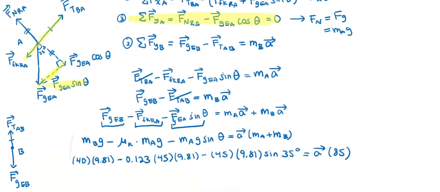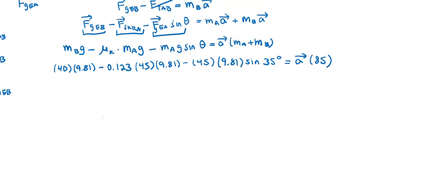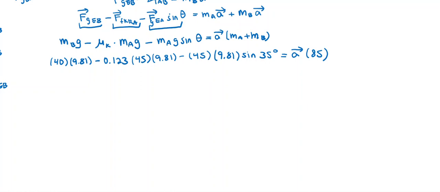Okay, so it looks like a lot, but we're just gonna plug everything into calculator. And if you've done this correctly, you should get 1.11 meters per second squared. In our direction, it's going to go up diagonally for A, and then B is going to be accelerating downwards.